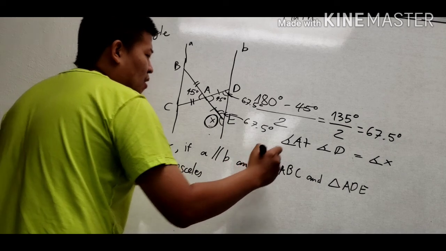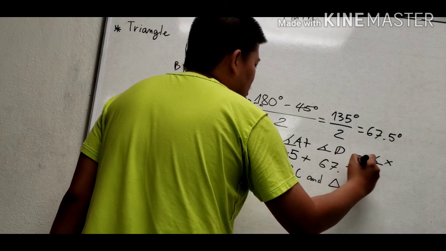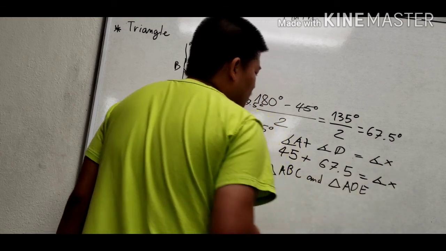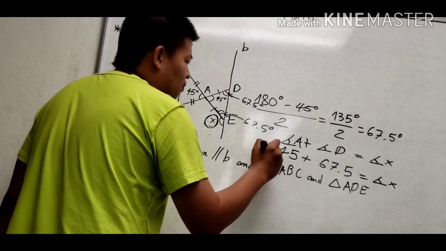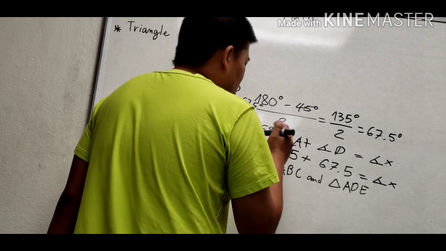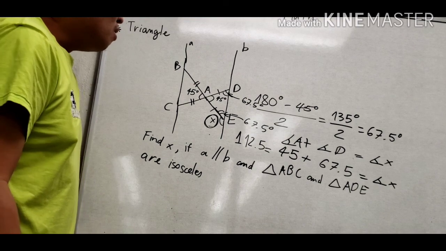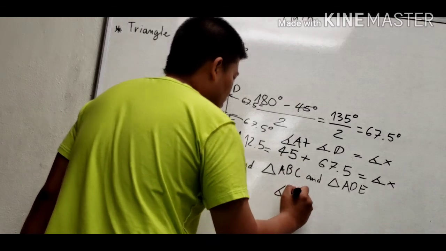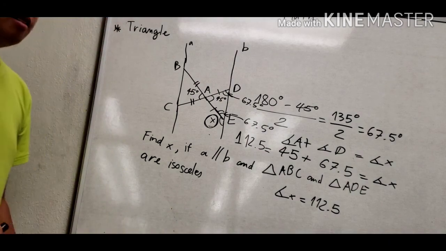So angle A is 45 plus 67.5 equals the angle S. 45 plus 67.5 becomes 112.5 degrees. So that's the angle S, 112.5 degrees. So that's the final answer.